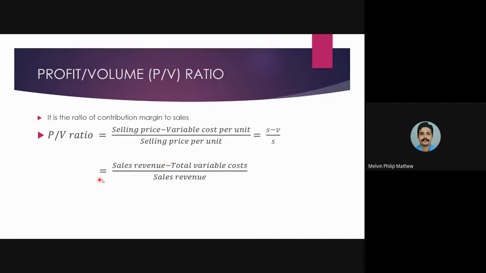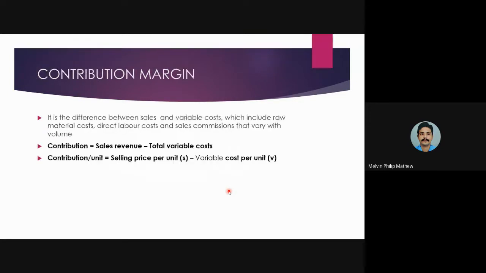And it can also be written as sales revenue minus total variable cost by sales revenue. So contribution margin can also be stated as sales revenue minus total variable cost.